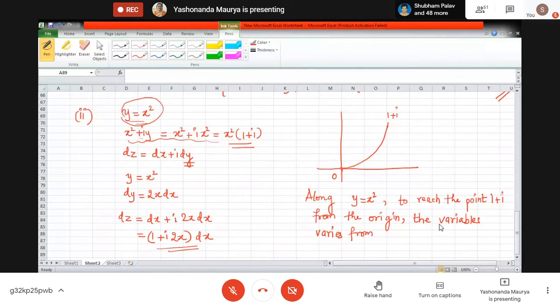If in this expression I put x equal to 0, I'll be at the origin. If I put x equal to 1, I will be at the point 1 comma 1. So x varies from 0 to 1. So we got the variation for x also.